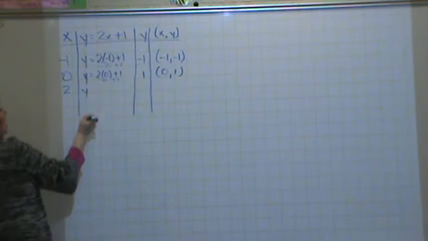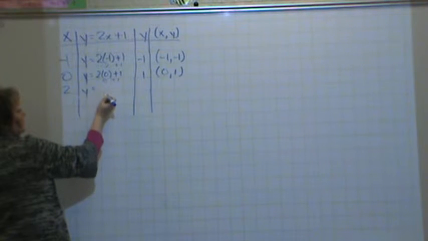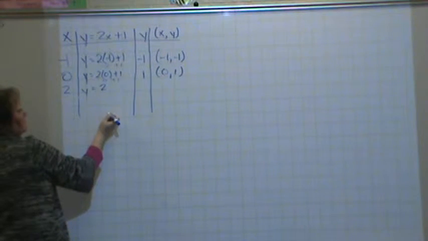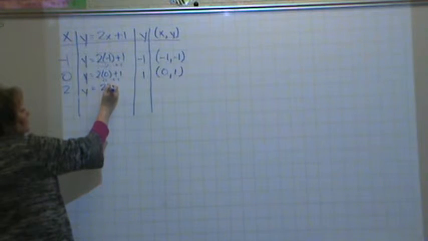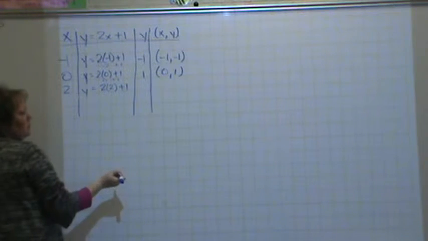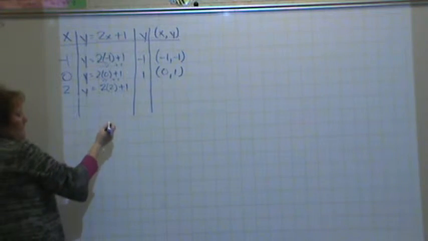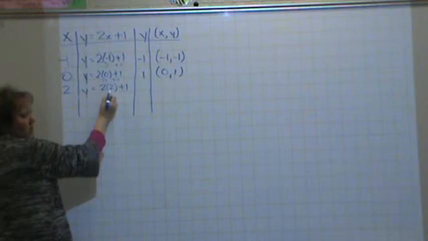Colin, you got 2? Tell me how you did it. Y equals 2, then parentheses, 2, and plus 1. 2 times 2 plus 1.